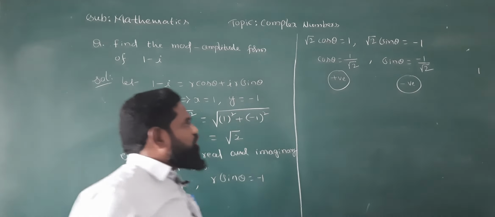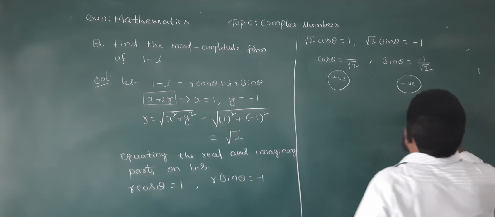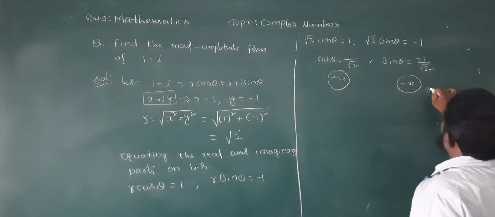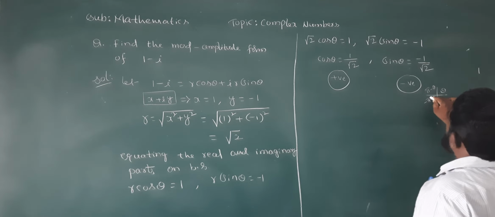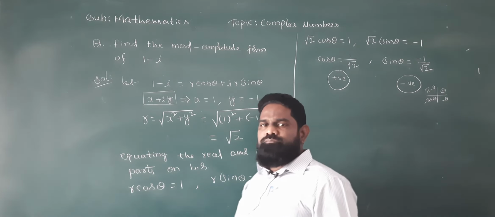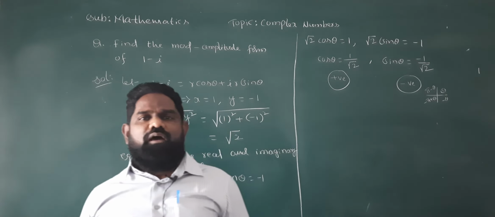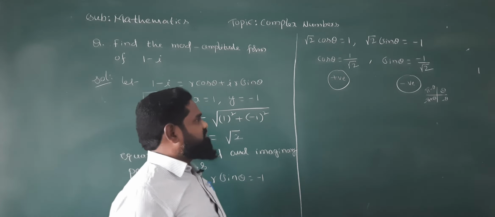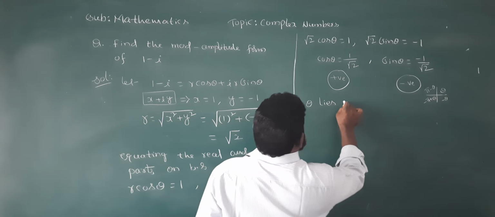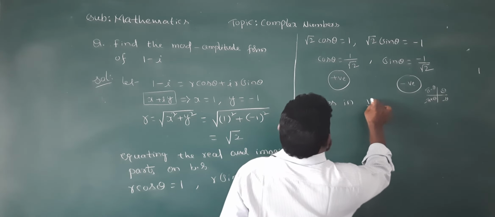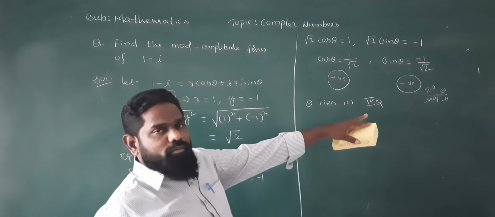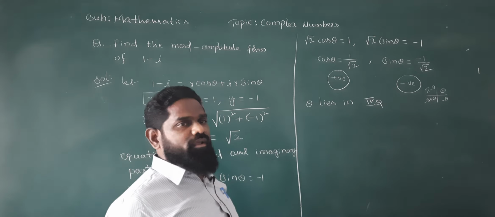I have already told you how to take theta in the 1st quadrant, 2nd quadrant, and so on: theta, pi minus theta, minus pi plus theta, minus theta. This is the way to take the principal argument value in the quadrants. Now theta lies in the 4th quadrant, so we take minus theta.